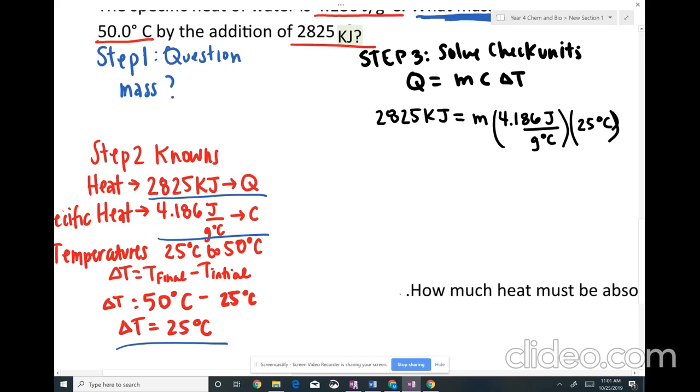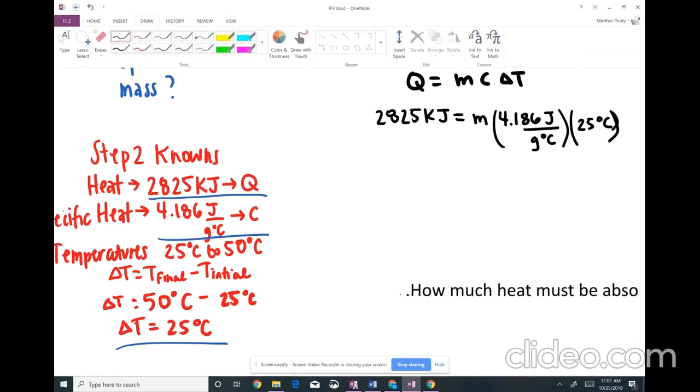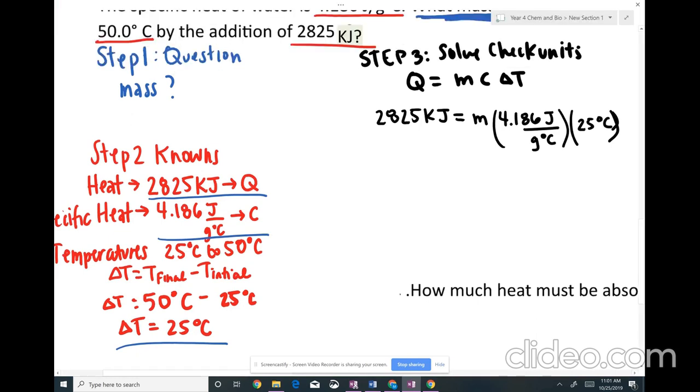Now I'm going to do a unit check to see if everything lines up. I have Celsius here and Celsius here, so that checks off. I have grams, and I'm going to have grams here because that's how mass is measured, which is good. I have joules here, and I have kilojoules here.